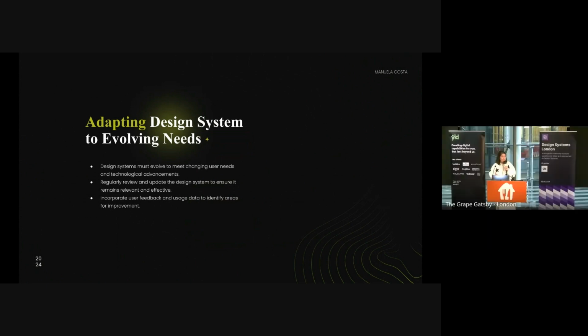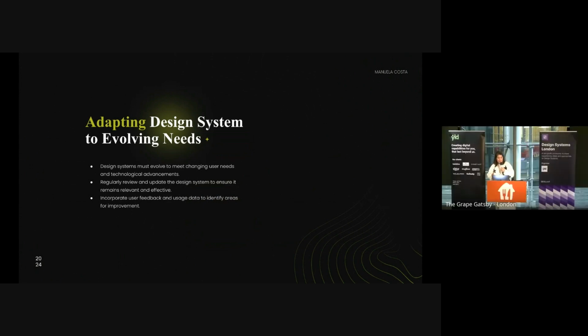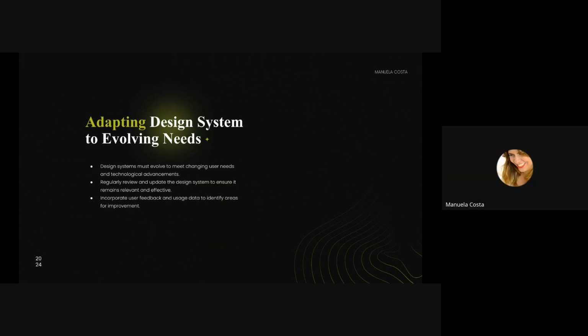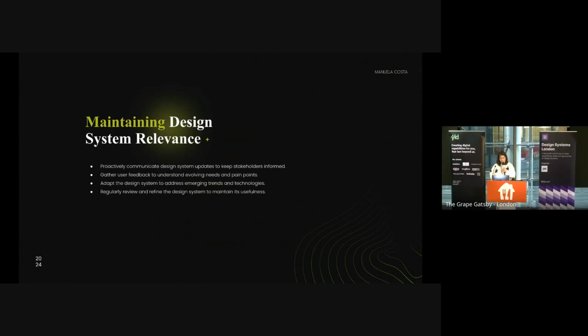And again, communicate that. We need to know everything that is going on with our users through testing and feedback, and we need to know everything that is happening on the tech side. Maybe what's happening with Figma, maybe what's happening in the code. Things that are new need to be changed every time so the design system can evolve.